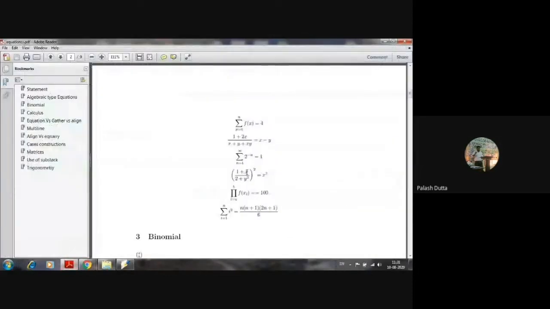And for this expression, our command will be what? Frac 1 plus x under bracket, then in the other bracket 2 plus y squared, y cap 2, right? And whole bracket cap 2 equal to x cap 3, right? See, yes.